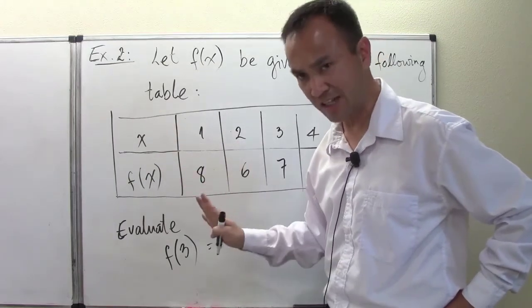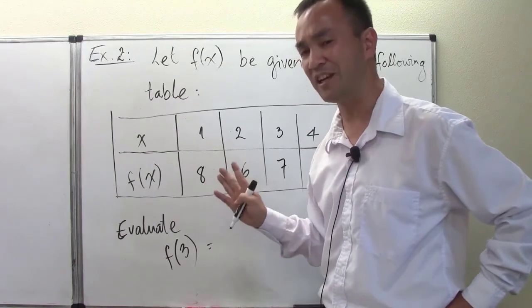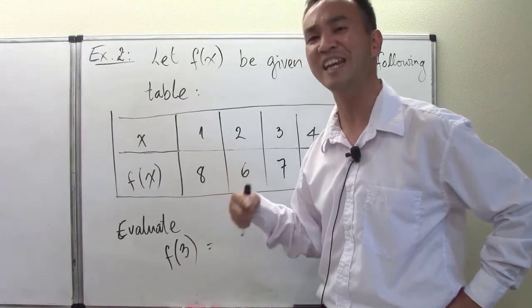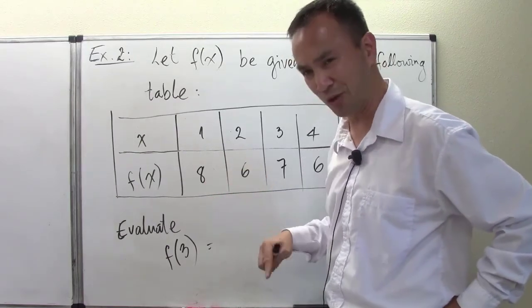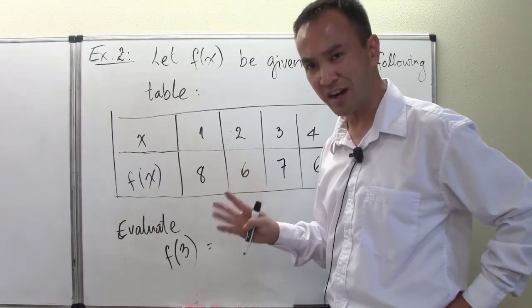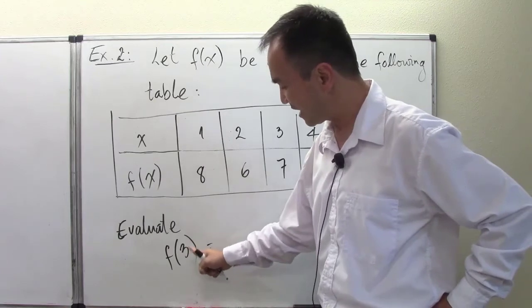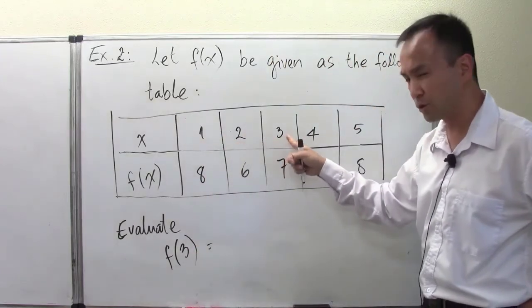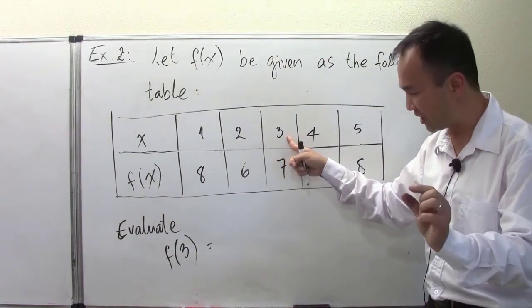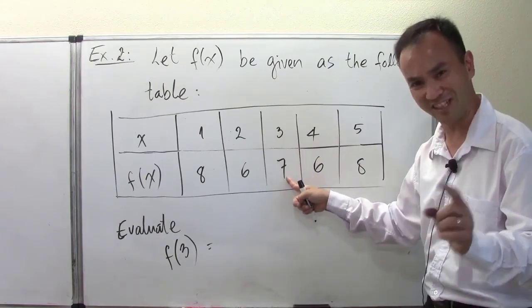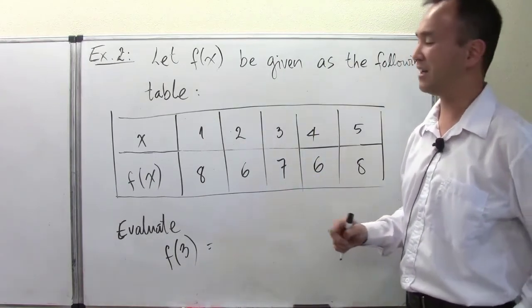It's a surprise, maybe a shock to anyone the first time, but it's time that we start getting used to it. Okay, so here's the rule. The rule may not be explicitly written as a formula as you have seen in example 1, but the rule is telling us that when the input variable equals 3, this is the output. That's the meaning of this table.